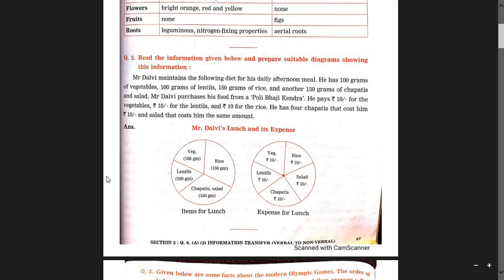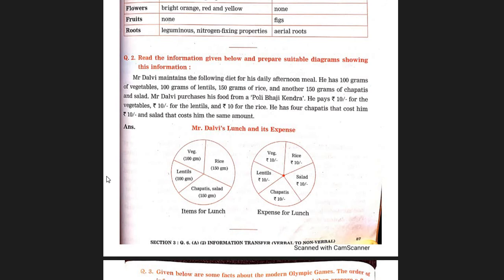Now students, on your screen you could see a very brief information is given about Mr. Dalvi. He maintains the following diet for his daily afternoon meal. He has 100 grams of vegetables, 100 grams of lentils, 150 grams of rice and another 150 grams of chapatis and salad.